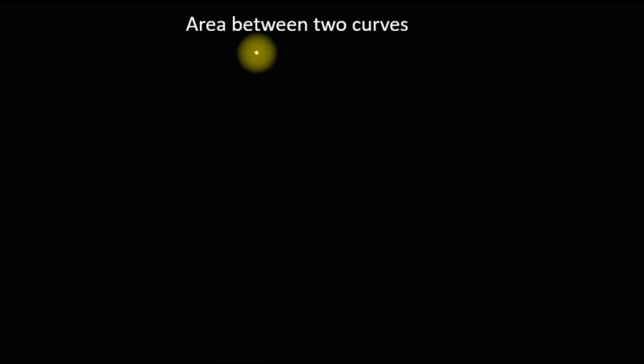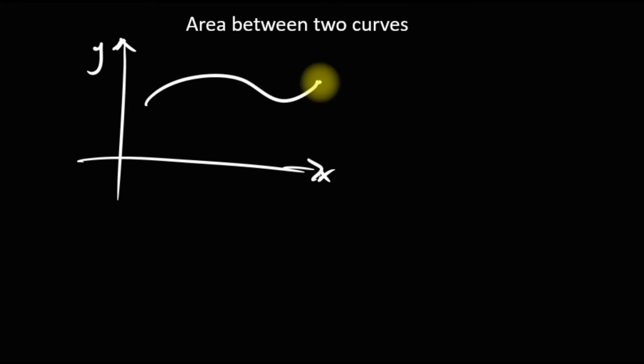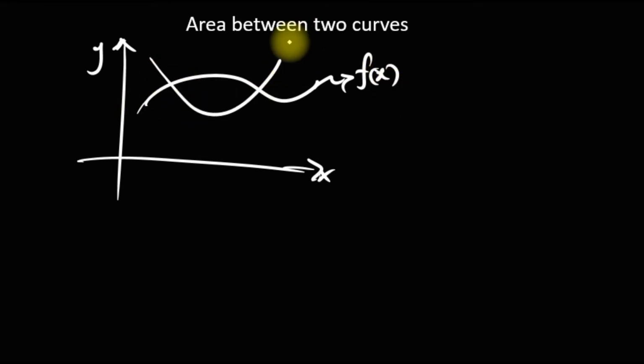So we have an area between two curves. Assuming we are given this graph, we are given this function, maybe this is function f(x), and this is maybe g(x).